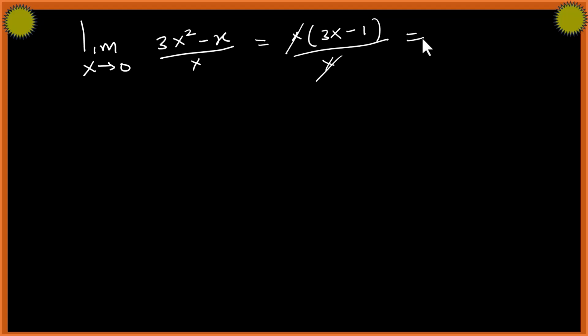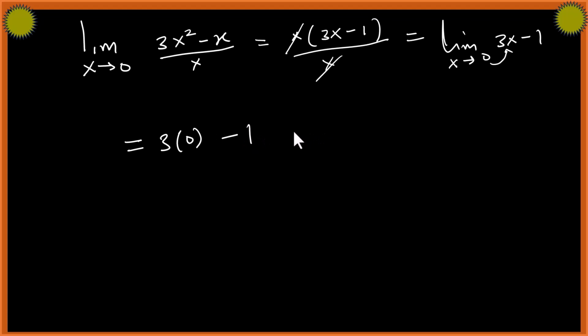So I will be left with the limit of 3x minus 1 as x approaches 0. So we can go ahead and plug in the limiting value here, which will be 3 times 0 minus 1, which is negative 1.